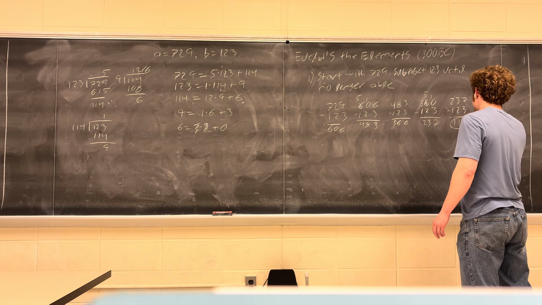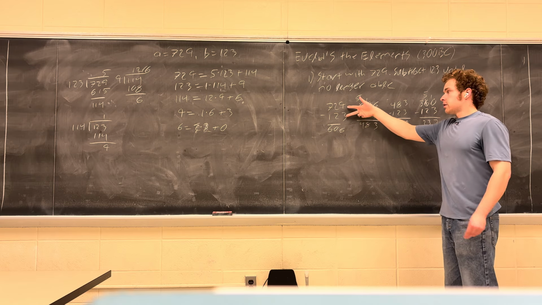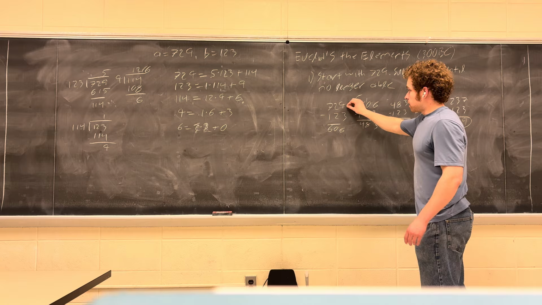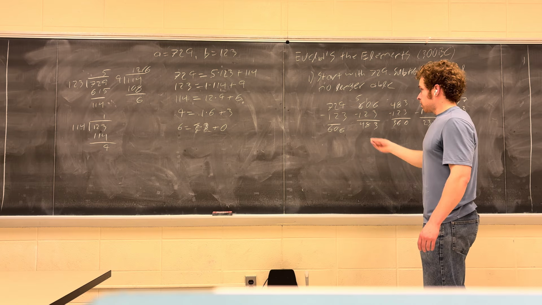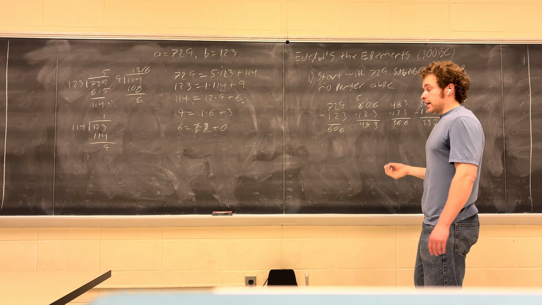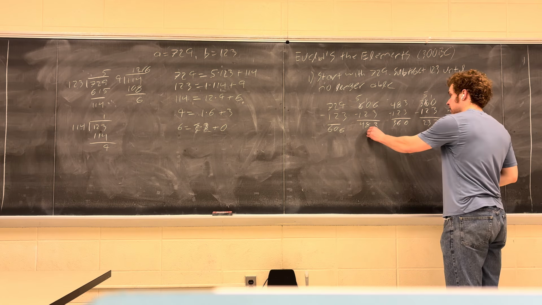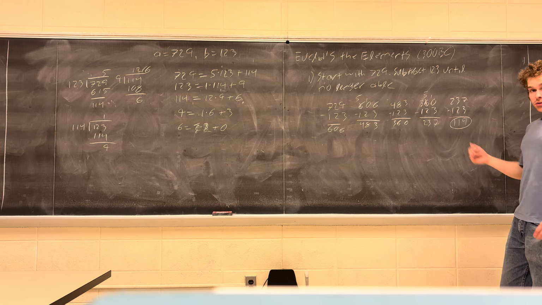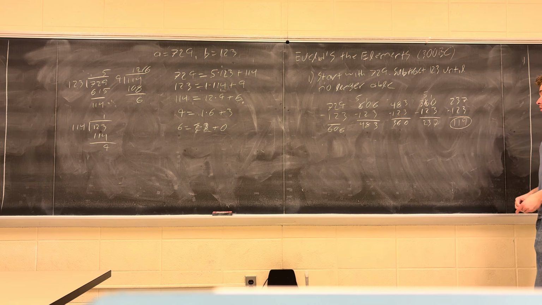But importantly, we're looking for the greatest common divisor of 729 and 123, right? They're both divisible by it by definition. And when we subtract 123, we get something that's still divisible by that greatest common divisor. This will be divisible by the greatest common divisor, so will 360, so will 237, so will 114.